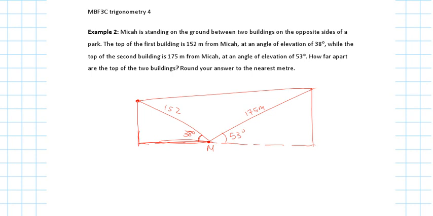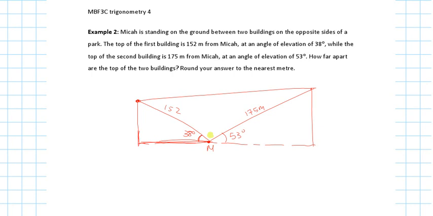Do I have the angle? Yeah, because you have 38 and you have 53, and then you subtract that from 180. So what Bright's saying is that I can find this angle right here, because my whole angle for this is 180.